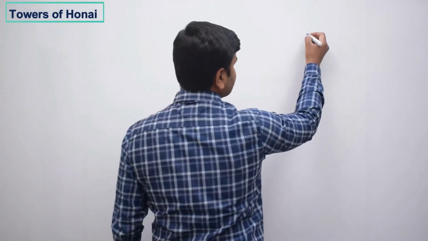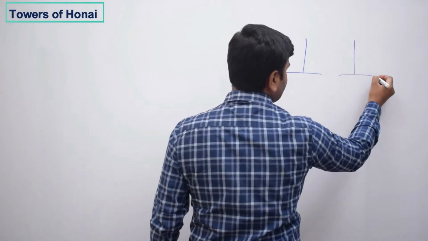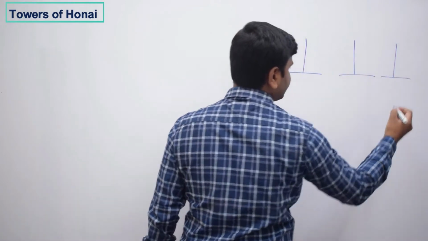So now let us see how to play the game. Here we are going to take 3 towers, that is the left, middle and right towers.